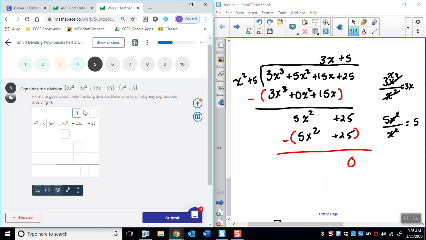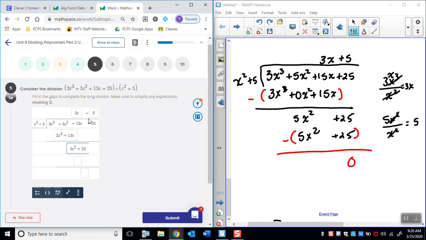So I'm going to type that up. My quotient here is 3x plus 5. This line here, I have 3x cubed. I don't have to write the 0x squared, but I'm going to write 15x. And then in the next line, when I subtracted them out, I have 5x squared plus 25.